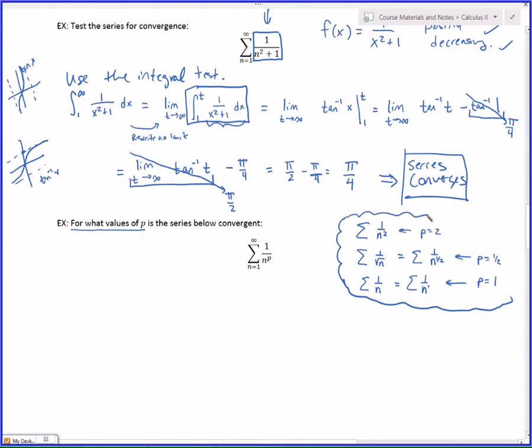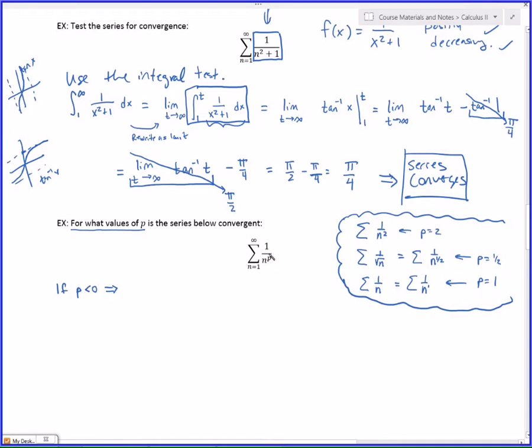Now, first of all, before I actually use the integral test, let me point out that if p is negative, I don't even need the integral test to do anything. Let me show you what I mean. Think about if p is negative right here.